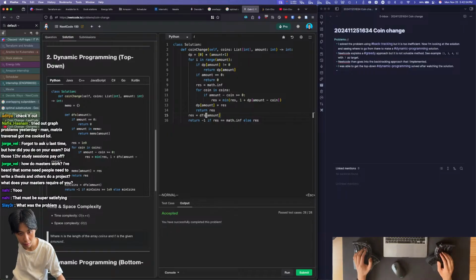Let me think. If amount equals 0, return 0. So if DP amount is this, then yeah, you return DP amount.